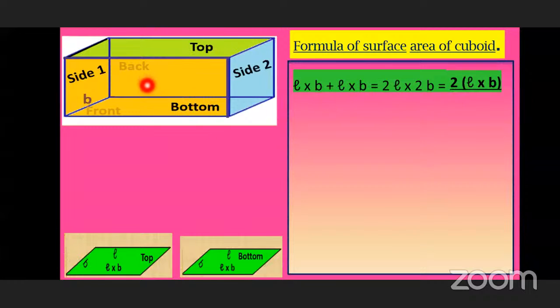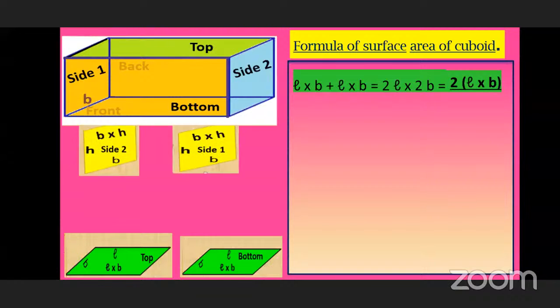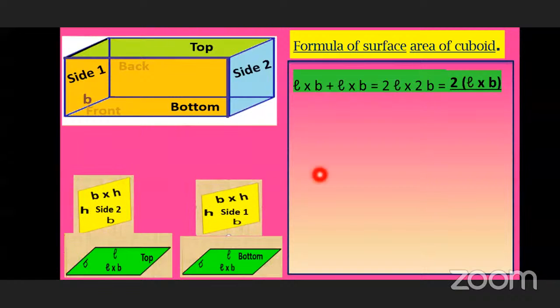Now 4 faces are remaining: front, back, side 1 and side 2. To find out the total surface area of the cuboid, we have to find out the area of the remaining faces. See, this is the side face. It has breadth and height, so the area of this rectangular face is breadth into height.